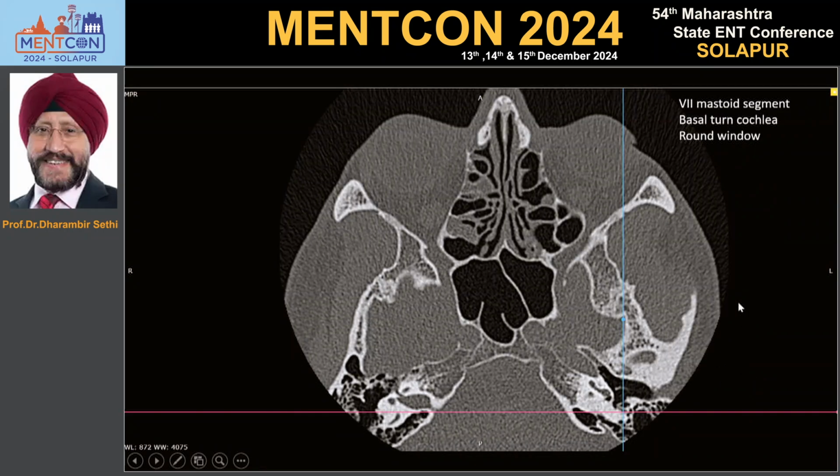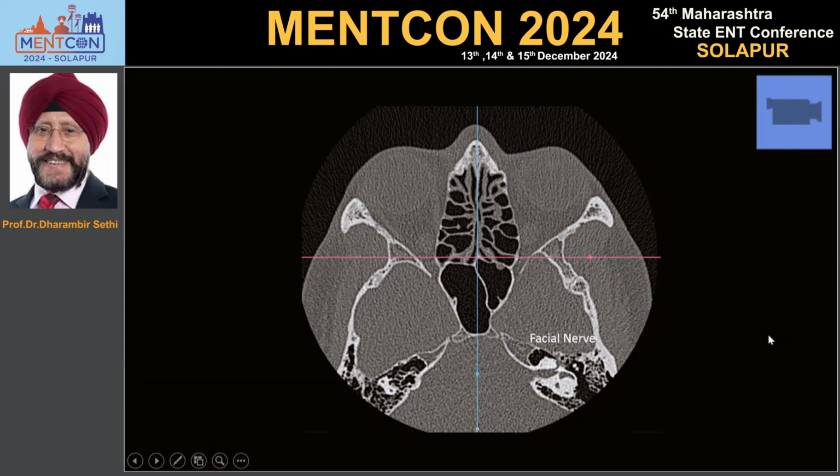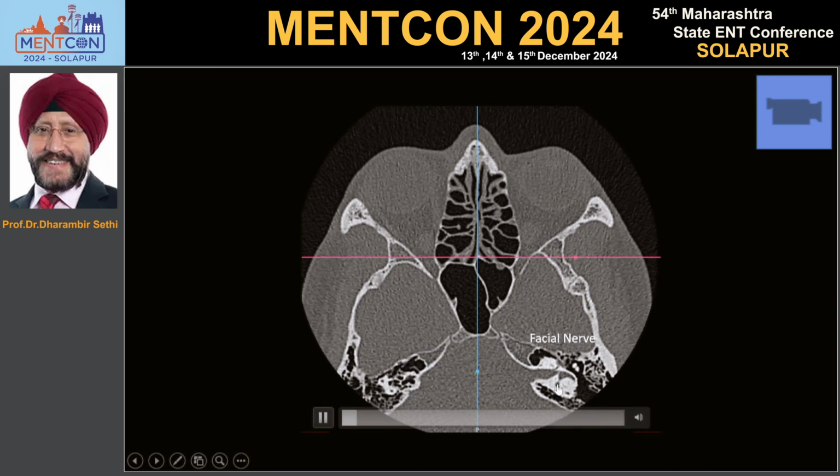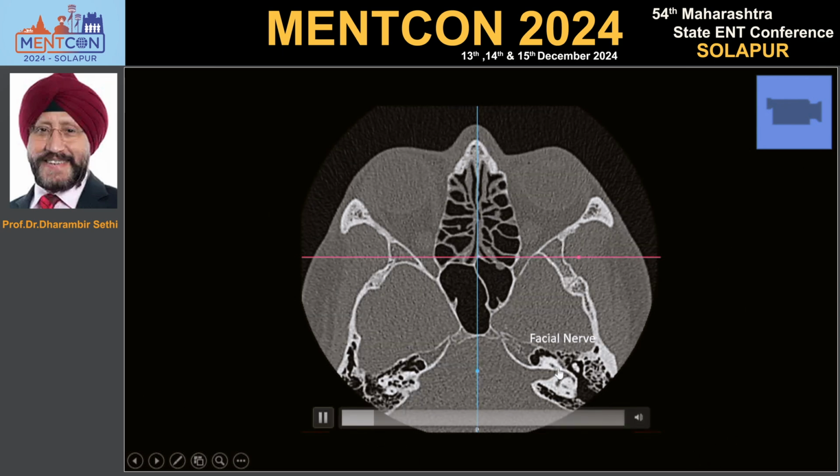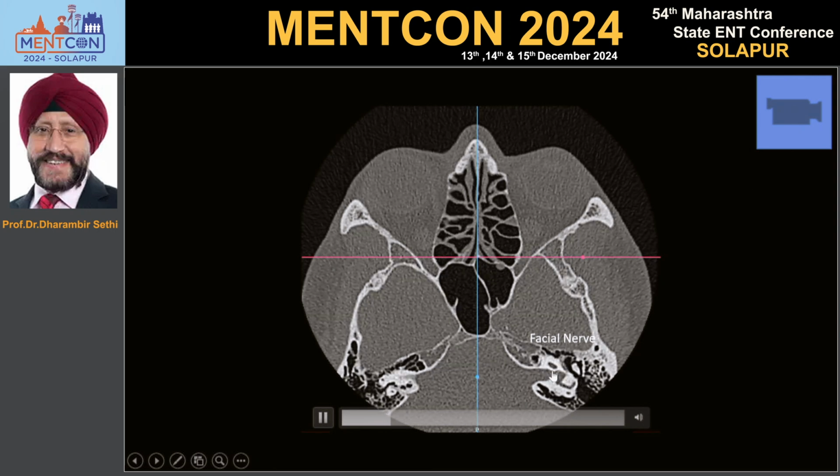So this is the basal turn of the cochlea right here again, and that's the round window. The facial nerve. This is the video of the facial nerve showing you all the, that's the GSPN going anteriorly, facial nerve coming posteriorly.